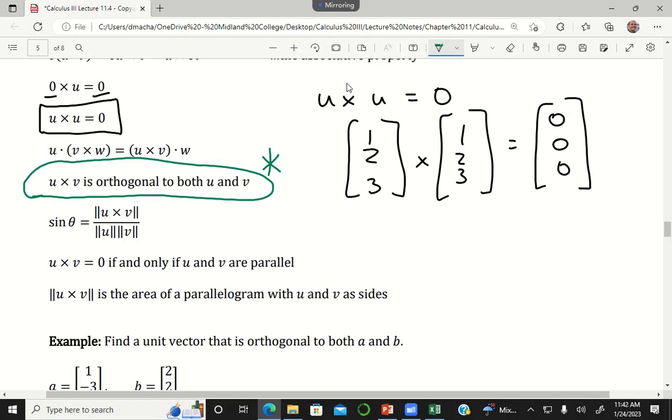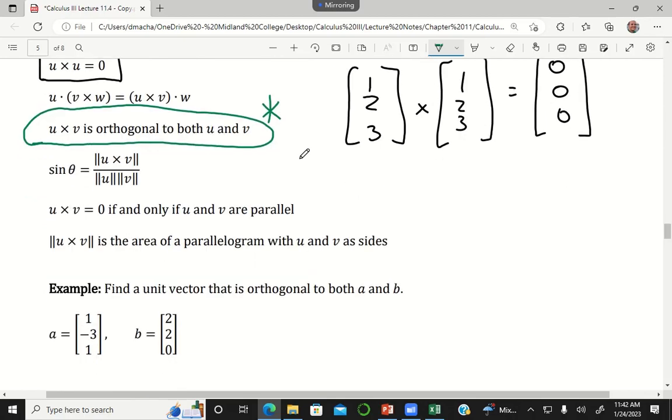And so these are orthogonal to each other, and my thumb is orthogonal to both my index finger and my middle finger. So in 3D space, that's how you can end up with three vectors that are all orthogonal to each other. So i, j, and k are the same thing? Yeah, you can think of like i, j, k. And then again, this would be like u, v. U cross v has to be orthogonal to both u and v.